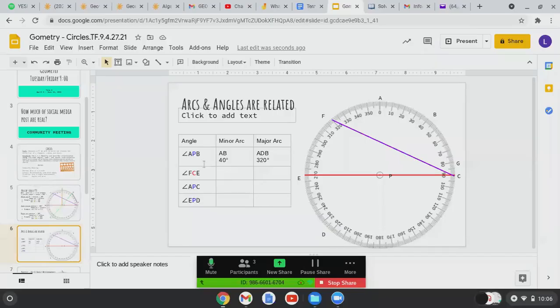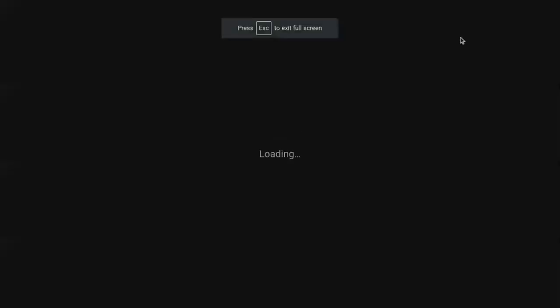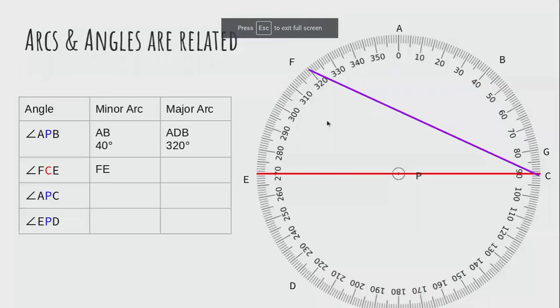So now we got F and E. So now we can figure out the measure of F and E. Let's count. Start here. So, 10, 20, 30, 40, 50. We just want the measure of the arc. We don't want the measure of the angle. We just want the measure of the arc. Just this piece out here.